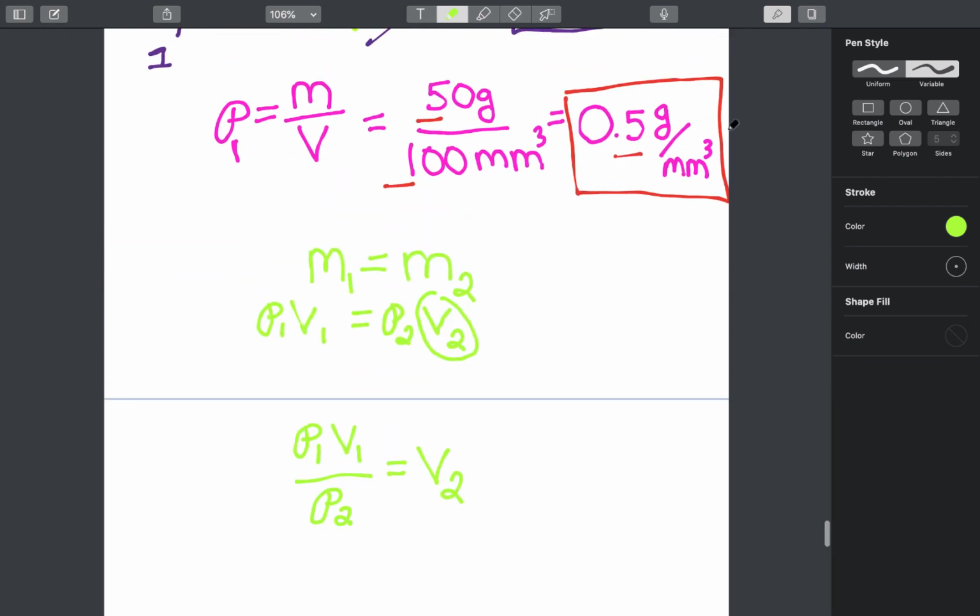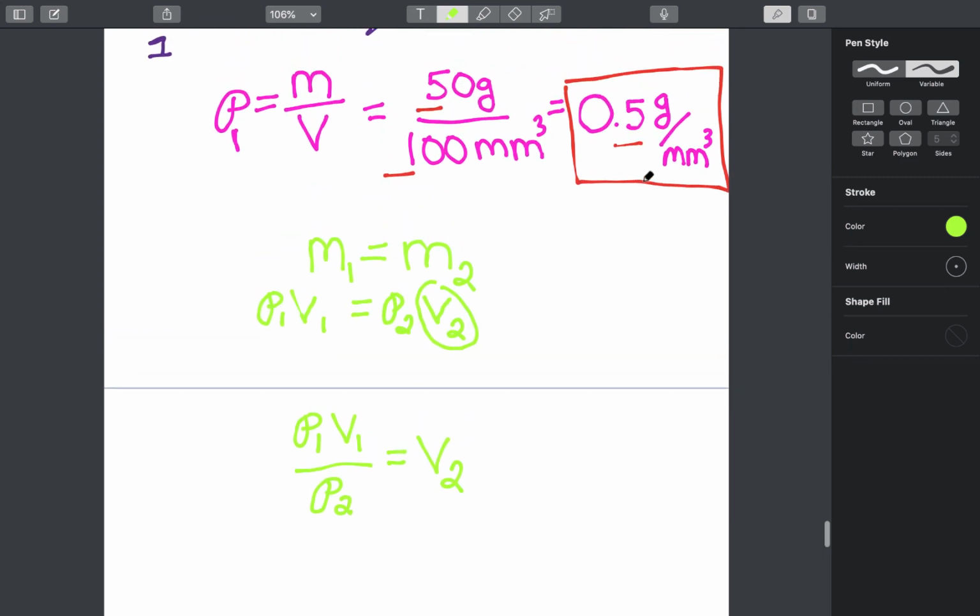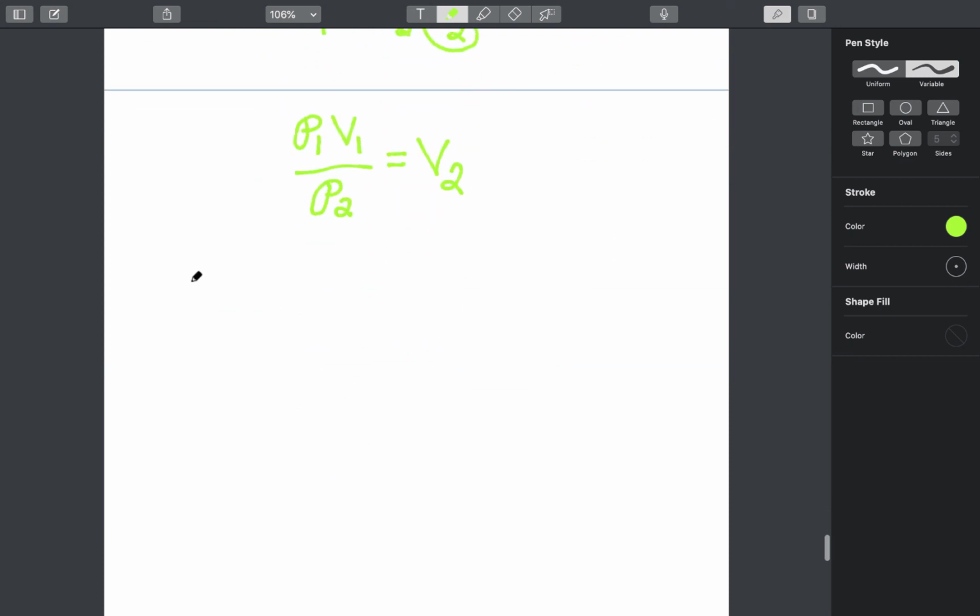Now our first density was 0.5 grams per millimeters cubed. So let's write that down. The first volume was 100 millimeters cubed.